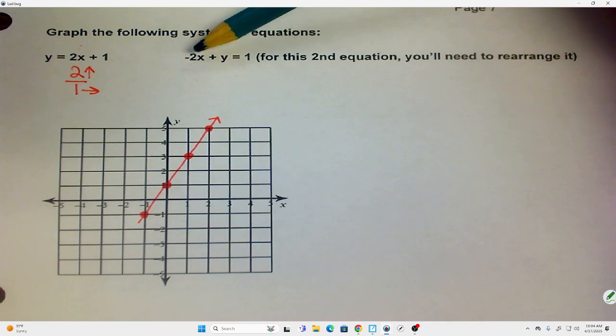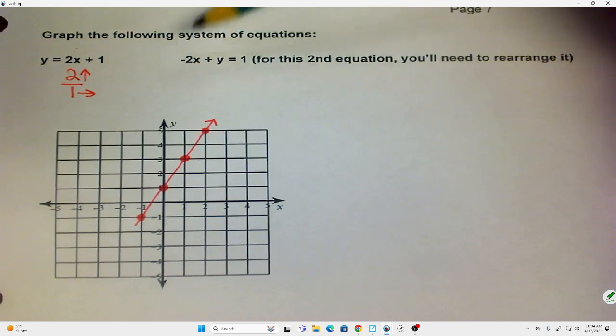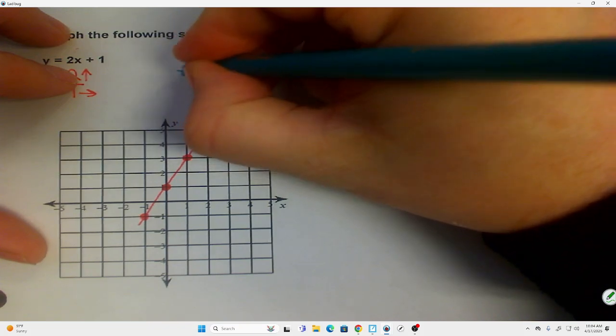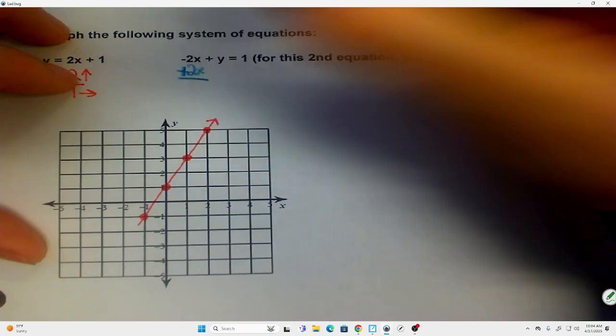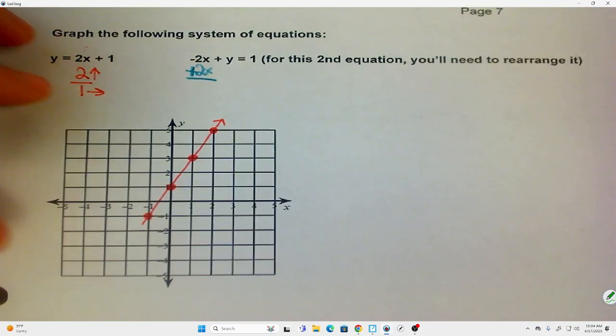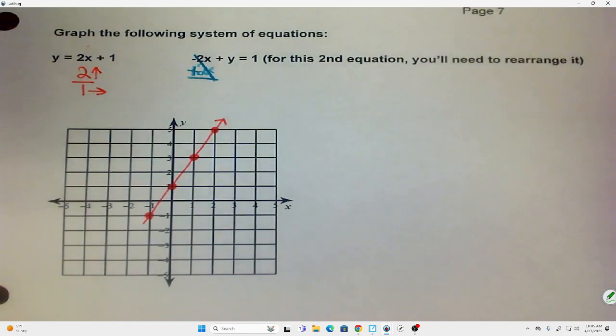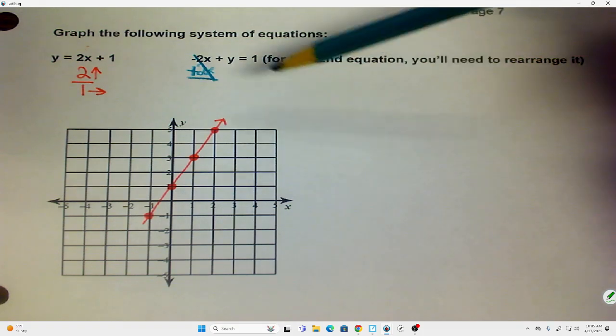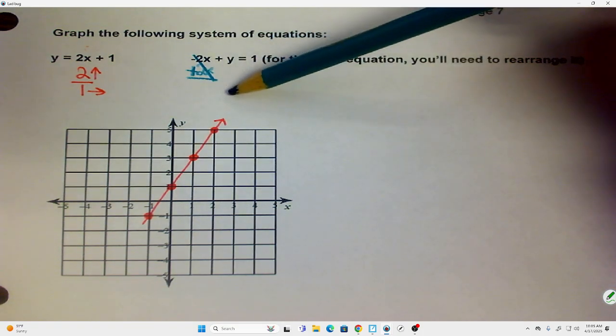Remember how we talked about how we move variables to one side of the equation? In this case, it's negative 2x. So we would say that, and that gets rid of it for us. There's no problem with that. But the y is able to drop down, and that's what we want by itself.